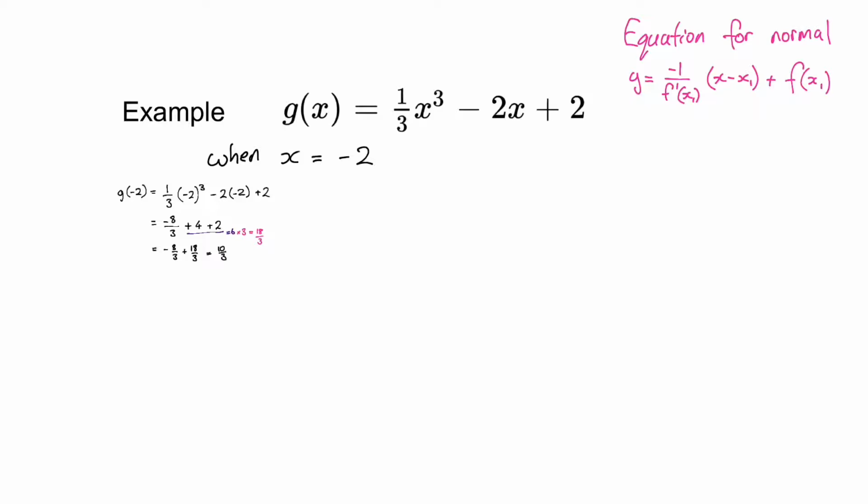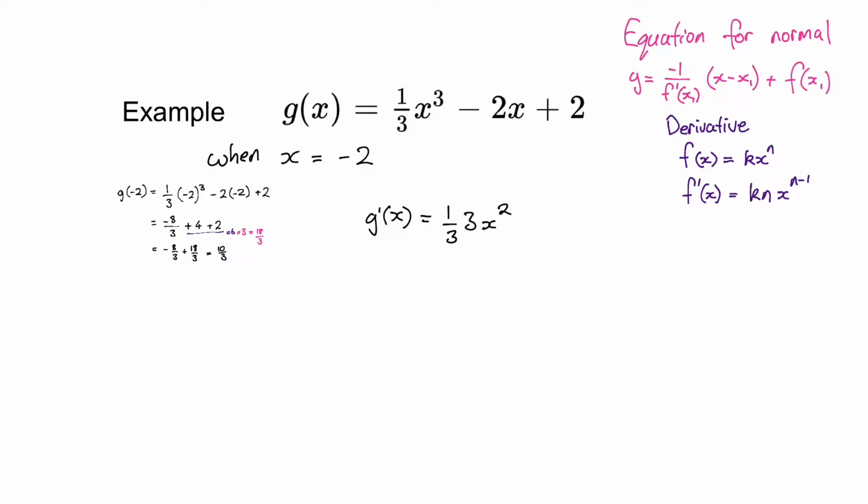So our rule for a derivative is, when we have a polynomial term kx to the n, our derivative is kn x to the n minus 1. So our g prime of x is going to be given by 1 over 3. Now the 3 comes down, so we'll end up with a 3x to the 3 minus 1, which is 2, minus our 2 stays, so that becomes 2.